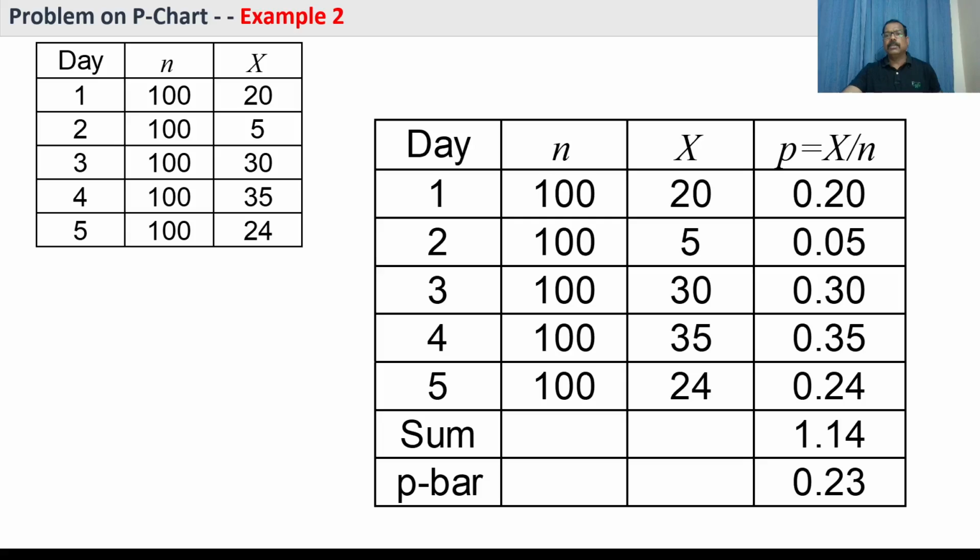Then P bar is the summation of all divided by the number of samples. So 20 divided by 100, 5 divided by 100, 30 divided by 100, 35 divided by 100, 24 divided by 100, all you have. Then take the sum and divide by 5, and you get a P bar value of about 0.23.